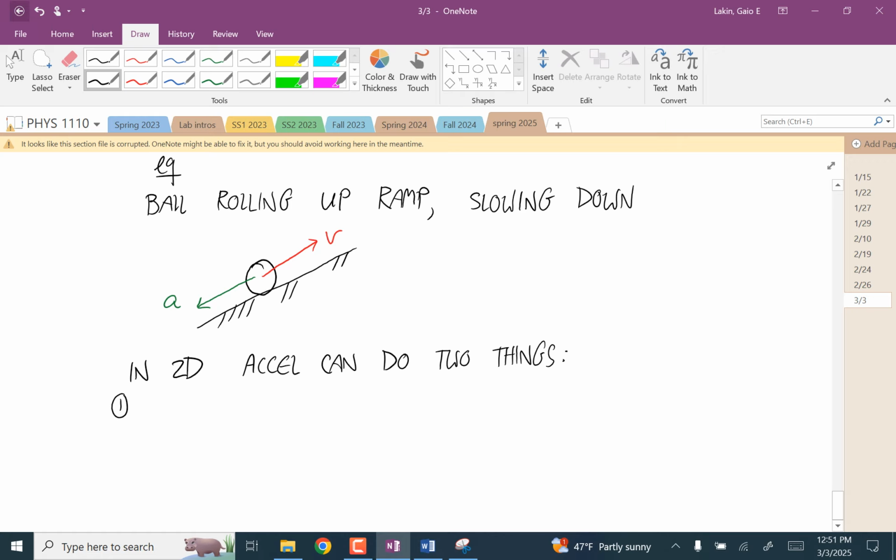It can cause a speed change. And or it can also make the object turn.